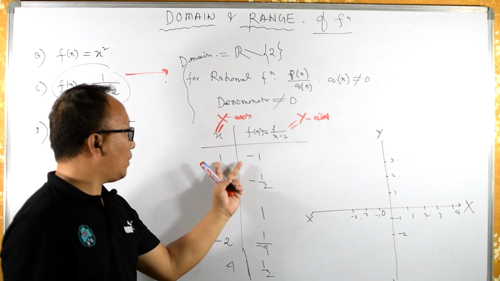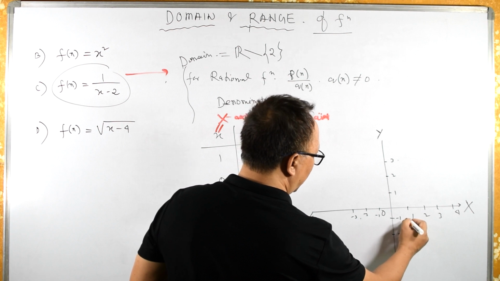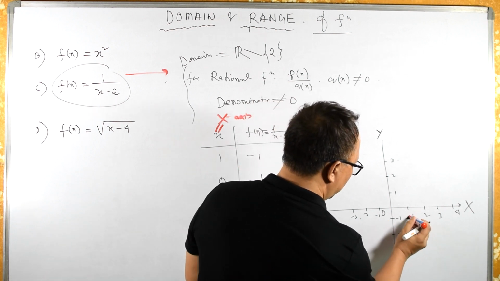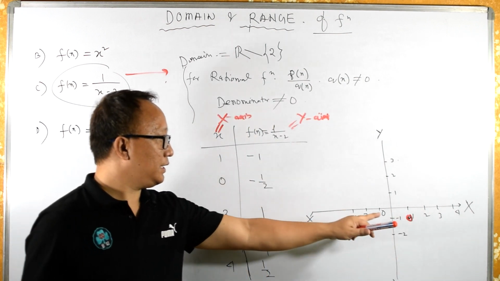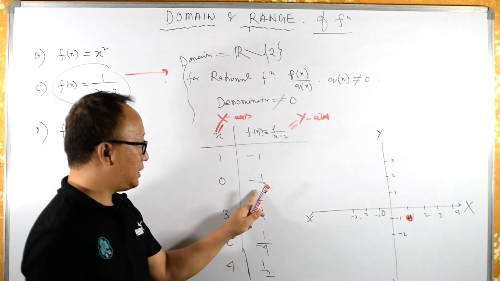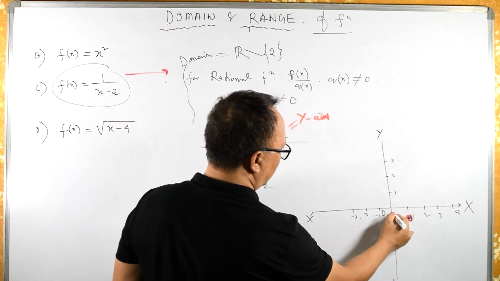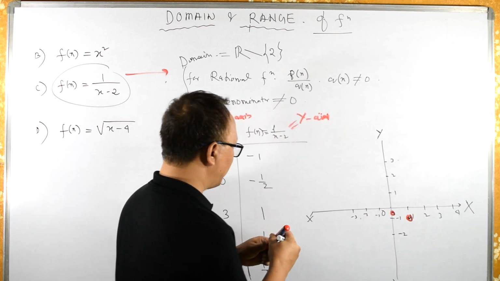Now what is 1 comma minus 1? Here x is 1 and y is minus 1, so this is the point over here. What about 0 comma minus half? x is not going anywhere, but y is minus half, so we get this point.